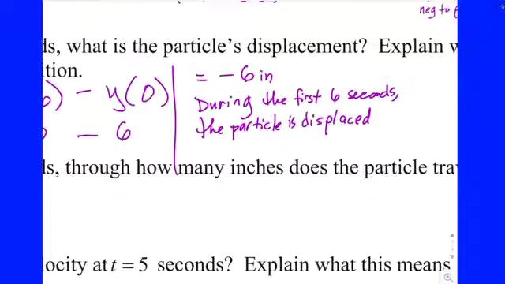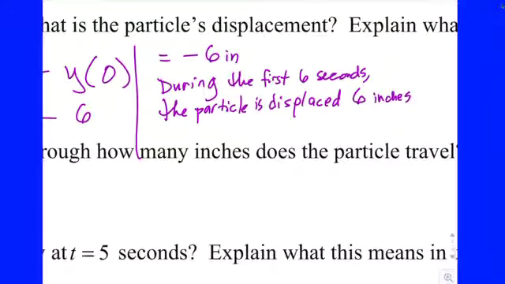Positive or -6 inches? Positive 6 inches, and then we interpret it where? Above, below, left, or right? Yeah, this is where it's important to remember that we're on a vertical line. Displaced 6 inches below its starting position.